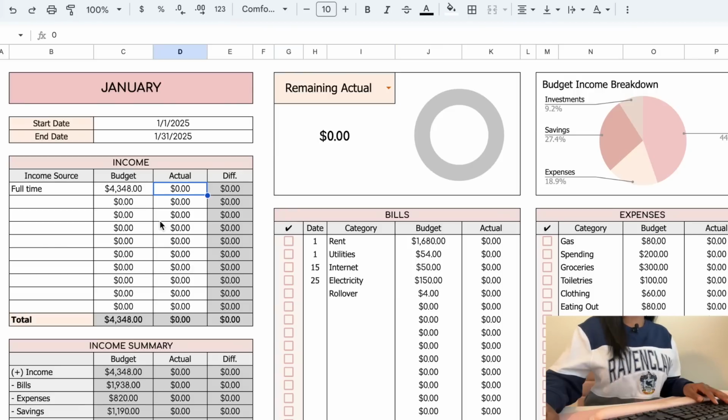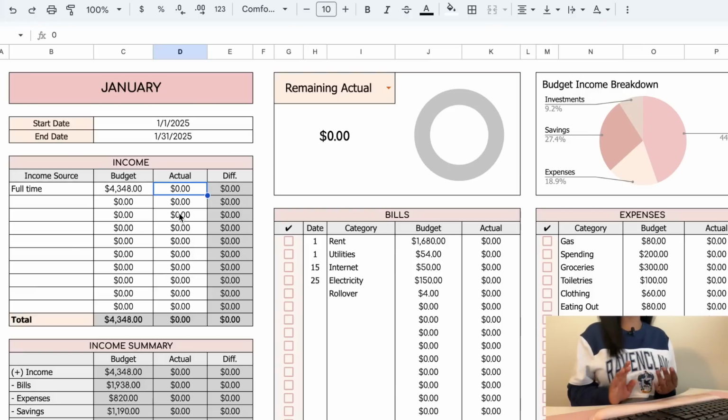So for full time, my income was a little bit different than what I expected it to be. When I received my first paycheck, it was more than my usual pay, and I'm assuming because it was the start of the year, something with the taxes and things were different, so it was a little bit more. But then with my second paycheck, I decided to increase my 401k contribution.